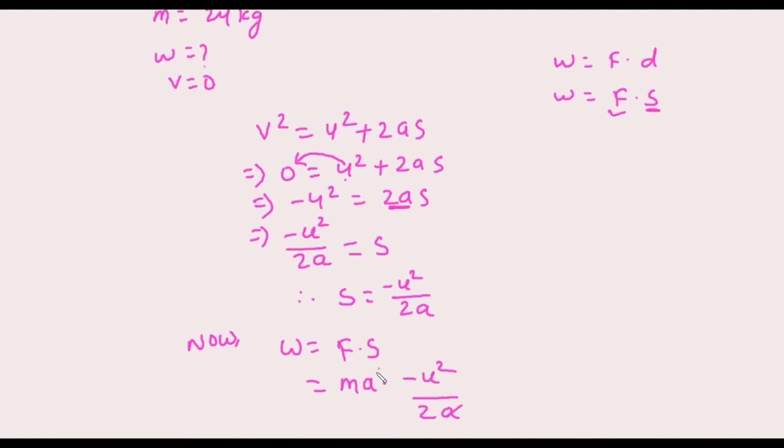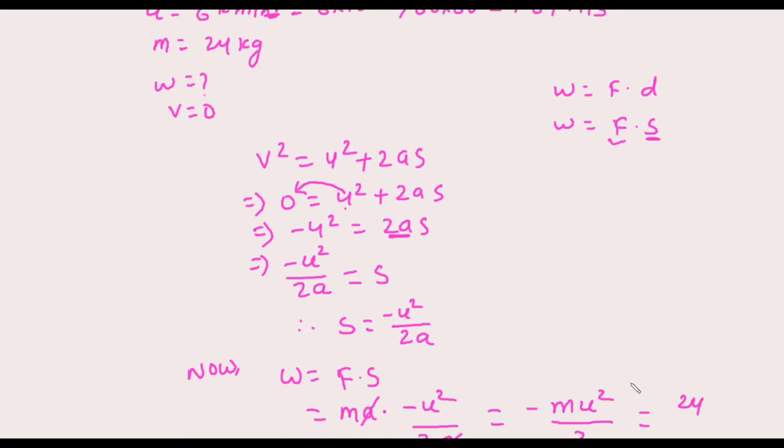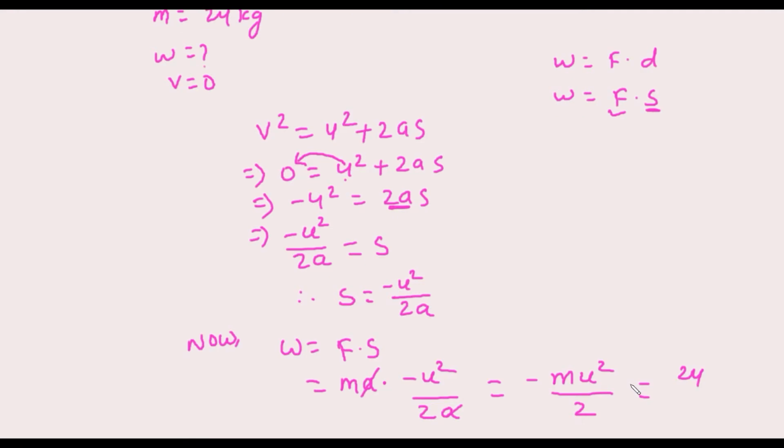The a and a cancel and it becomes minus m u square by 2. We have mass 24, and we have the initial velocity 1.67, so 24 into 1.67 square by 2.